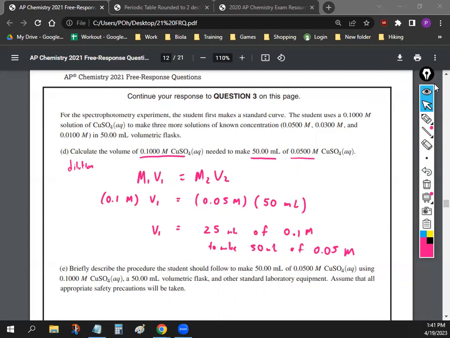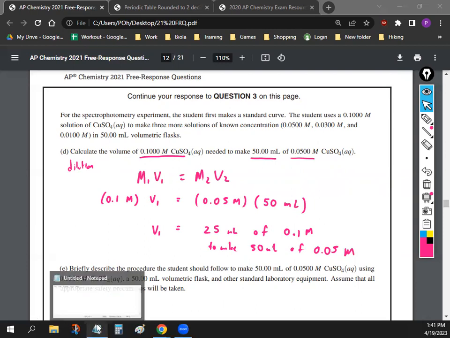So if you take a look at part E, it's asking us, briefly describe the procedure the student needs to follow to make this solution right here using this original solution. Okay, so we already did most of the work. It tells us that we need 25 mL of the 0.1 molar solution. So all we got to do is explain that process.